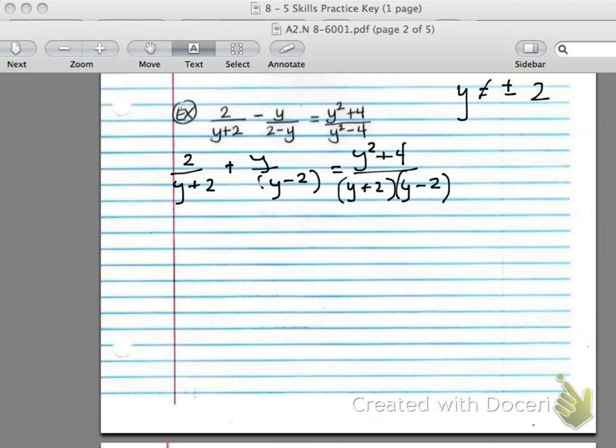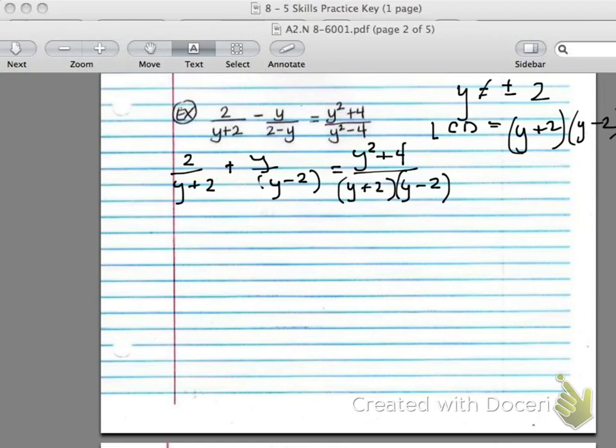Now what's our next step? LCD, which is y plus 2 times y minus 2, right? We take everything that we have and multiply them together. So here we have y plus 2, here we have y minus 2, and then we have y plus 2 times y minus 2.